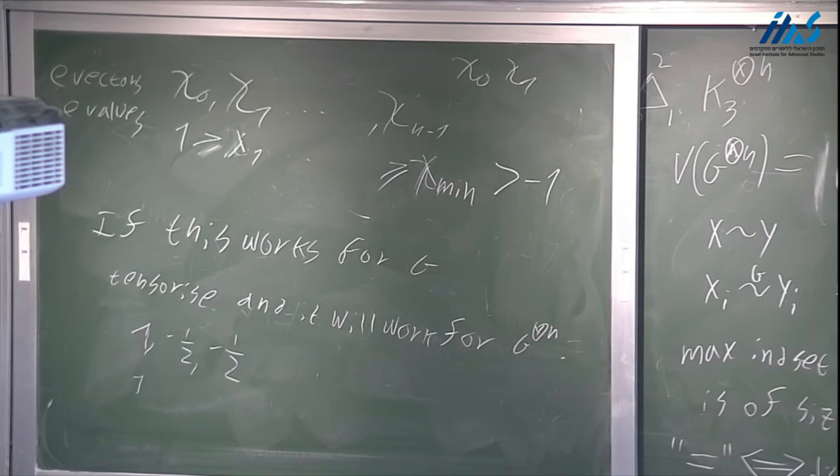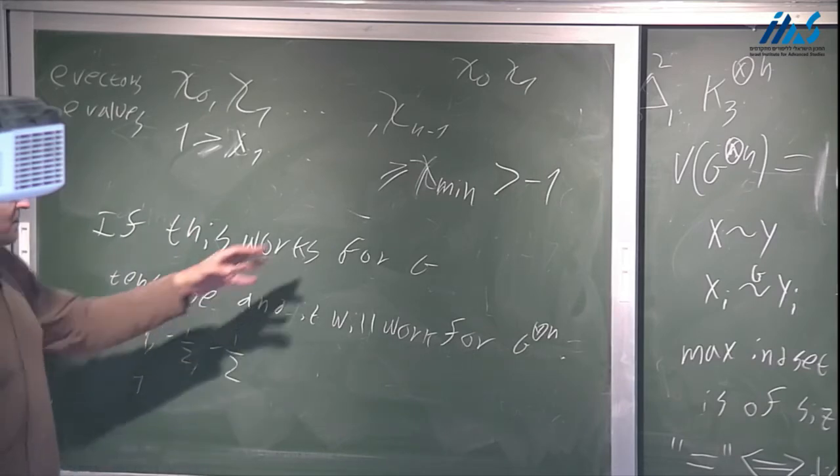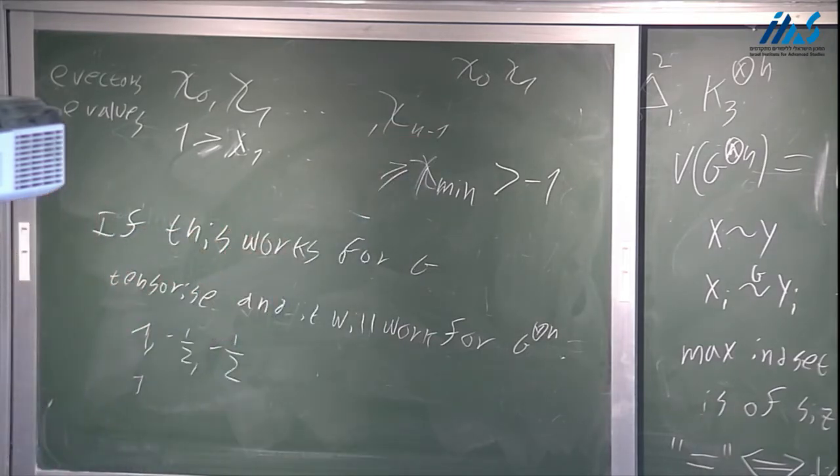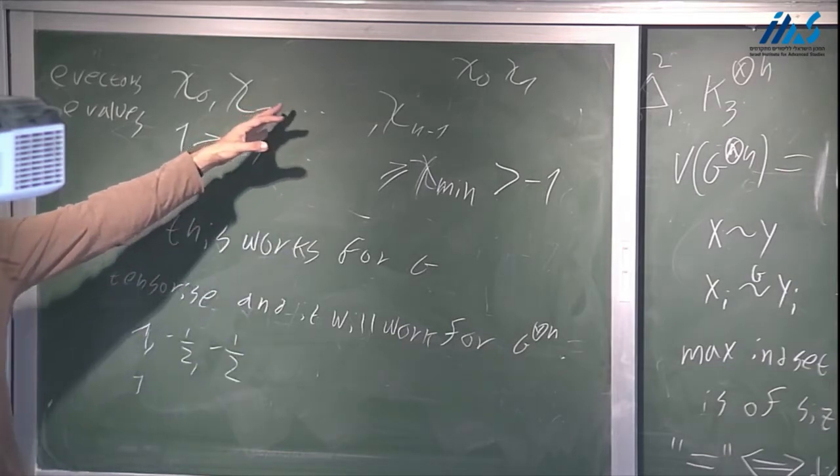So there were two claims. One is that if I had a polynomial of degree 1 which was Boolean, it had to depend on a single coordinate. And that's an easy exercise here also.